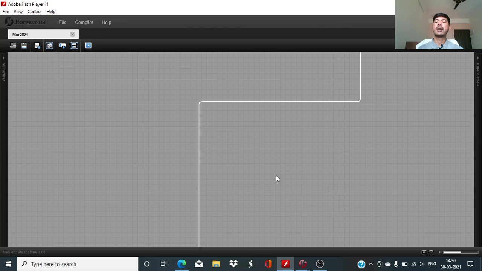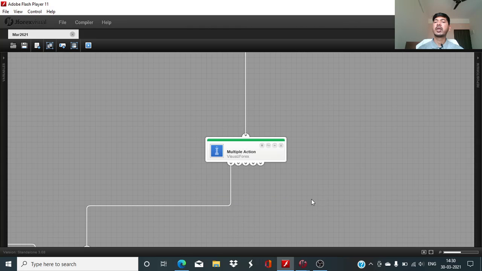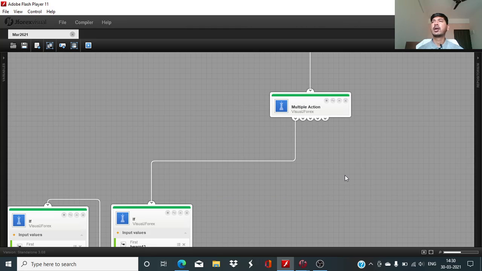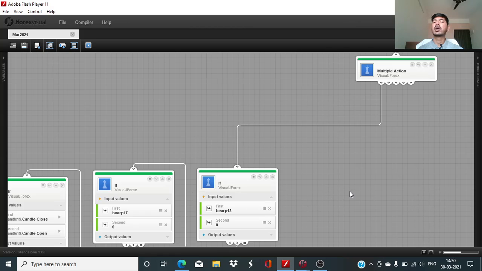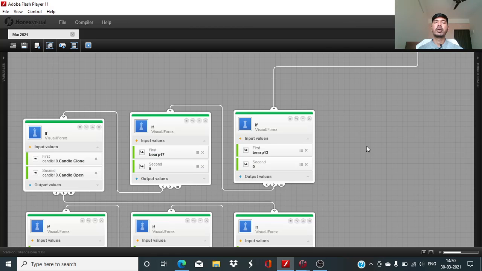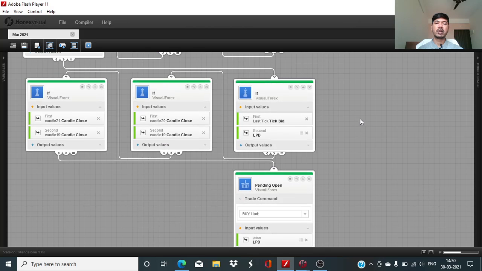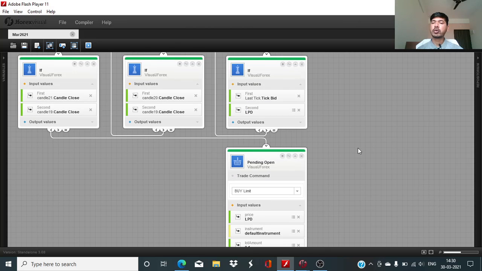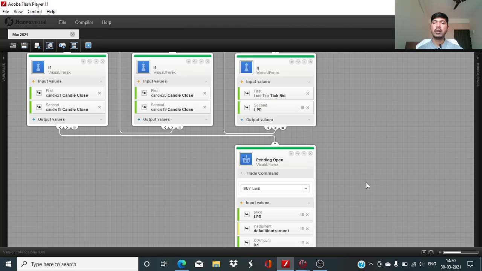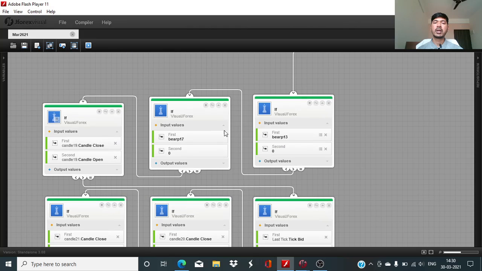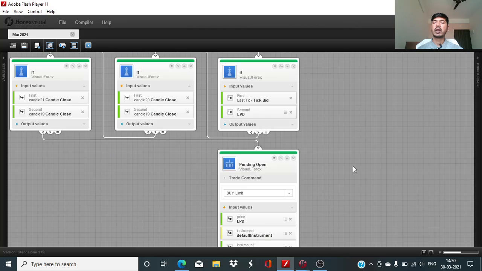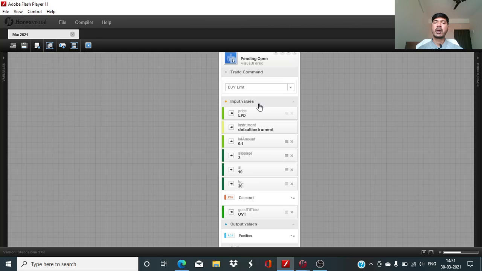So for the buy side trade, we need the price to have moved at least 10 pips above the lowest point. So those conditions have been defined using the calculation expression block. And then these were the conditions which were defined for the execution of the buy trade. So we need the fulfillment of 6 conditions for the execution of the buy trade.